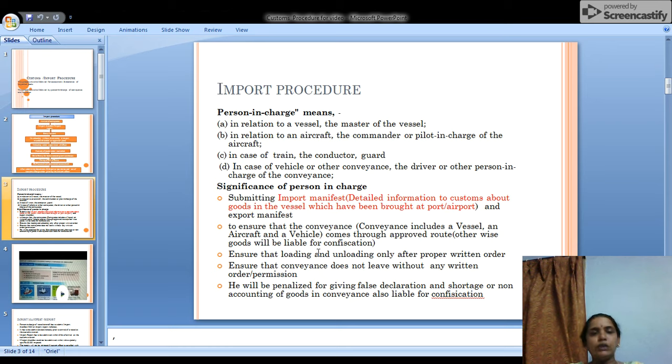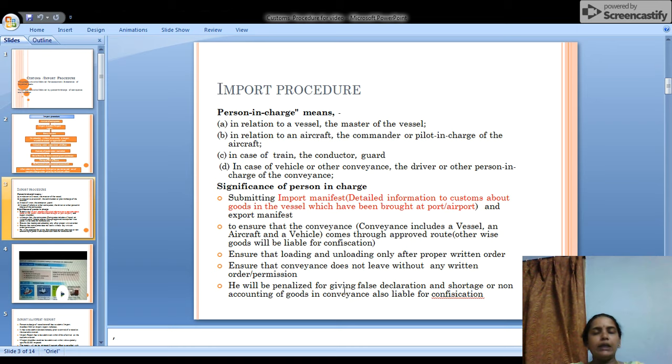He has to ensure that loading and unloading happen only after a proper written order. It means only after getting permission can he unload the goods, or even loading take place. He has to ensure that the conveyance does not leave without a written order or permission. Even for export, the conveyance cannot leave without permission from the customs authorities.